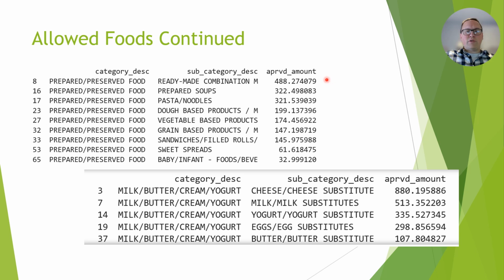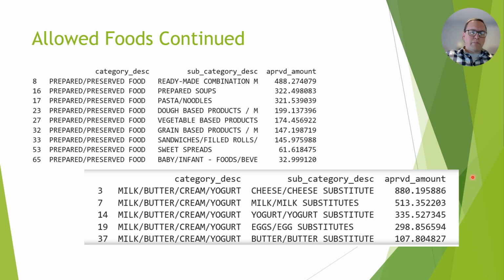Ready-made combination is maybe a prepared meal. Sometimes you'll see that in the deli section of a grocery store. Prepared soups was the second most purchased in this category. Pasta falls under this. You can read some of the other things that would fall under prepared preserved food.